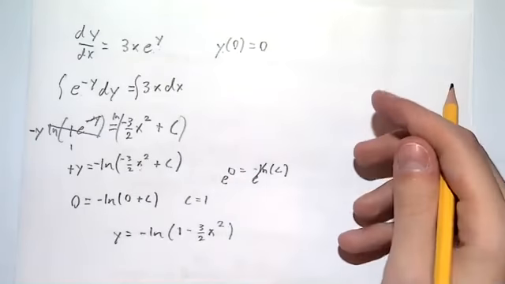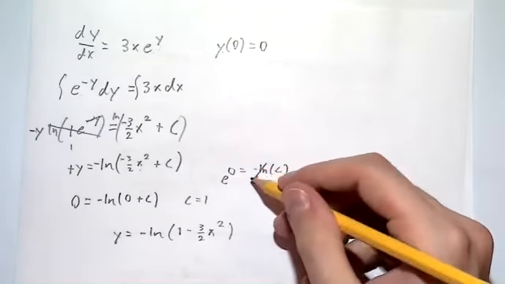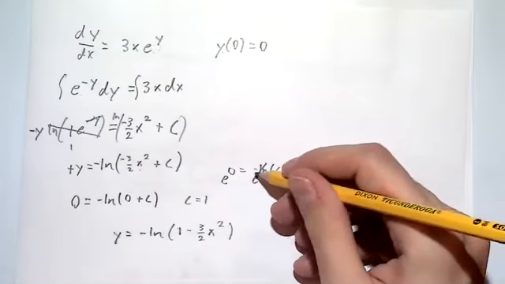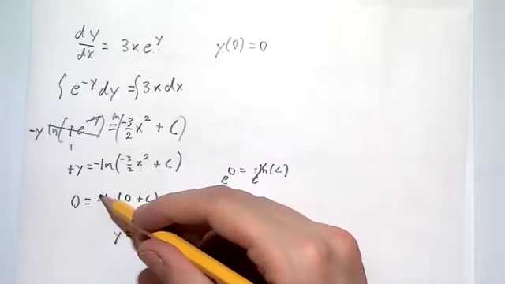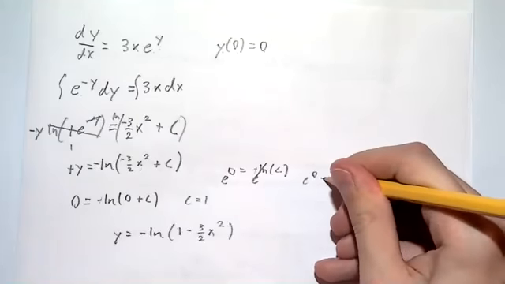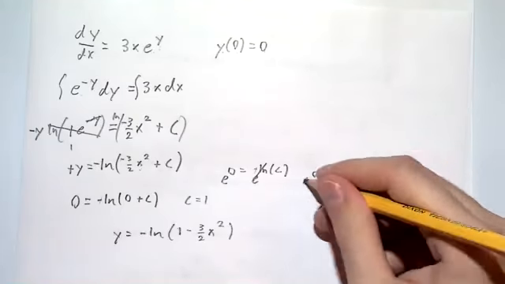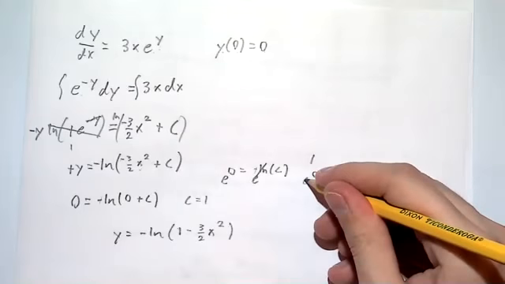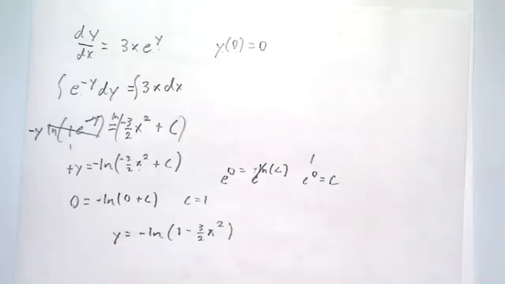The negative doesn't matter because it's 0, so you can just cancel that out anyway. So we get e to the 0 is equal to c, and e to the 0 is 1. So c has to equal 1. So any other questions?